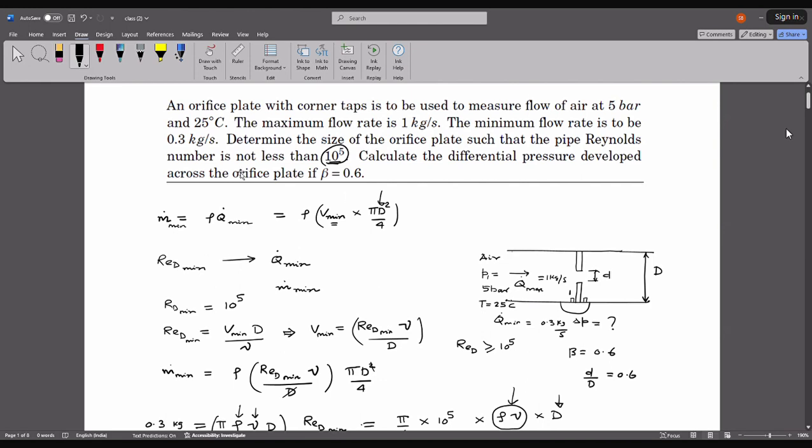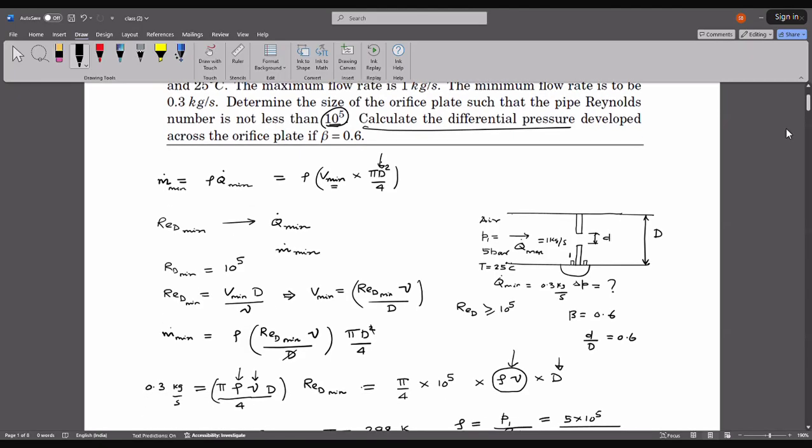The second part of the question is to calculate the differential pressure across the orifice plate.